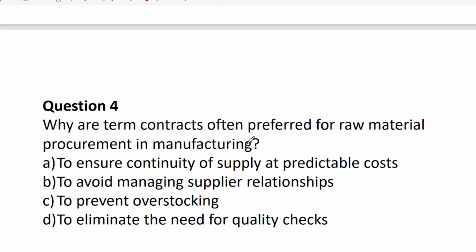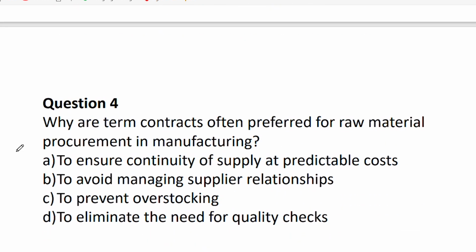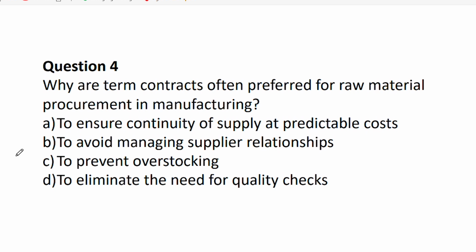Now, next one. Why are term contracts often preferred for raw material procurement in manufacturing? To ensure continuity of supply at predictable cost? To avoid managing supply? You're always going to be managing supply relationships, okay? To prevent overstocking? Well, in that case, just go.